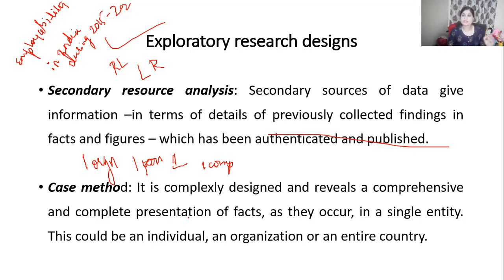It is a complex type of research method, wherein detailed, minute analysis and fact finding are required. We have to meticulously identify each and everything to conduct the case method.